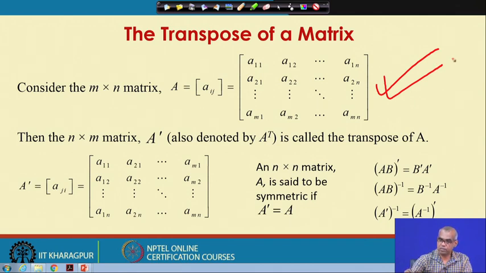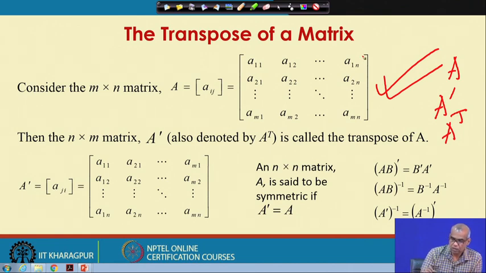If the matrix is represented as A, the transpose of the matrix will be represented like this, A prime or A to the power t for transpose of A.